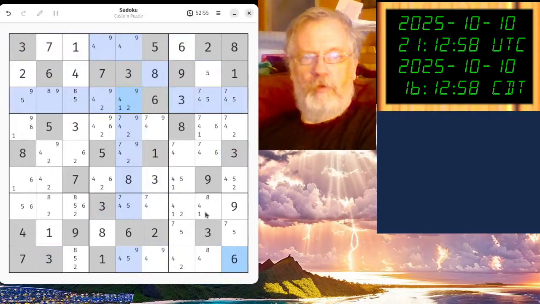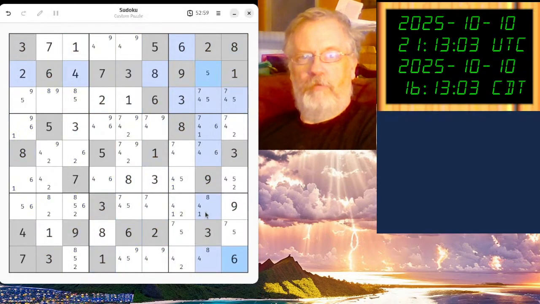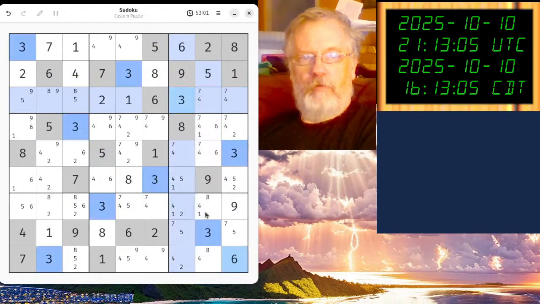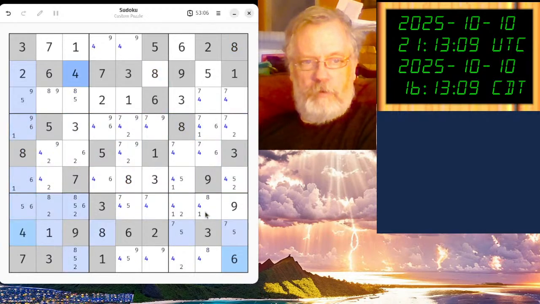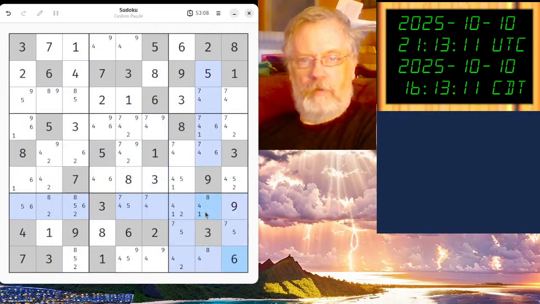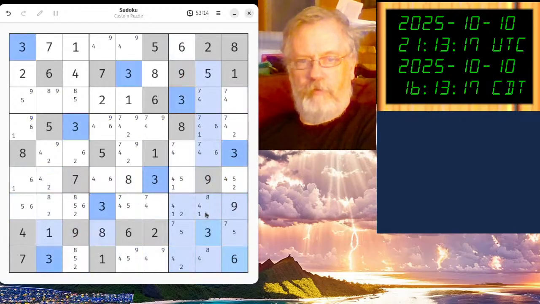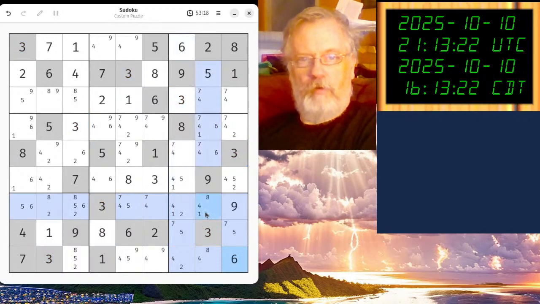4-9, 4-9 pair here, so 2 and 1 here. We get the 5 over here. 7-4 pair there. 7-5, 7-5 here now, so unfortunately it doesn't help me with all that much.